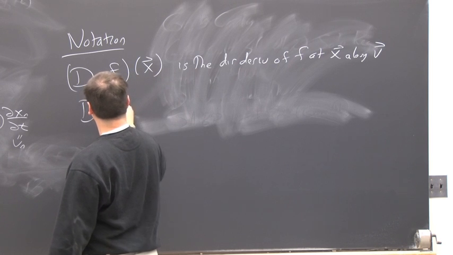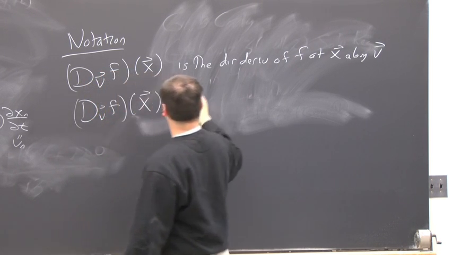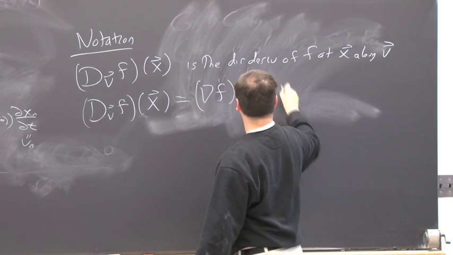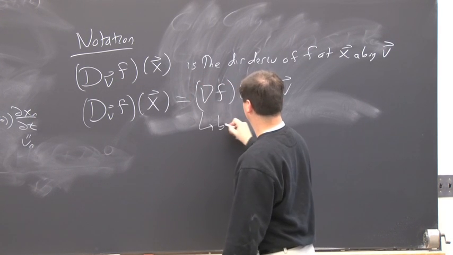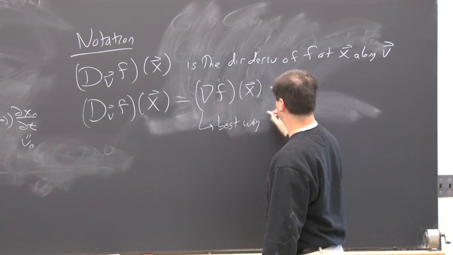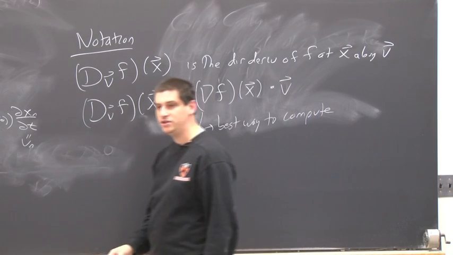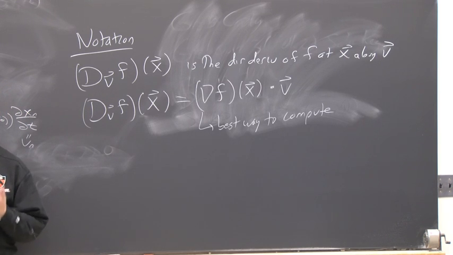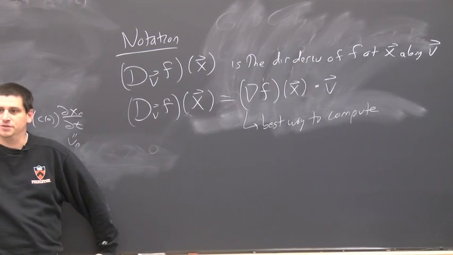And we'll have D_v f at x is the gradient of f at x dotted with v. This is how we compute it. Best way to compute. From a computational point of view, this is how we want to compute. And we now see here is a nice application of the gradient. The gradient is one of the key ingredients in computing directional derivatives.